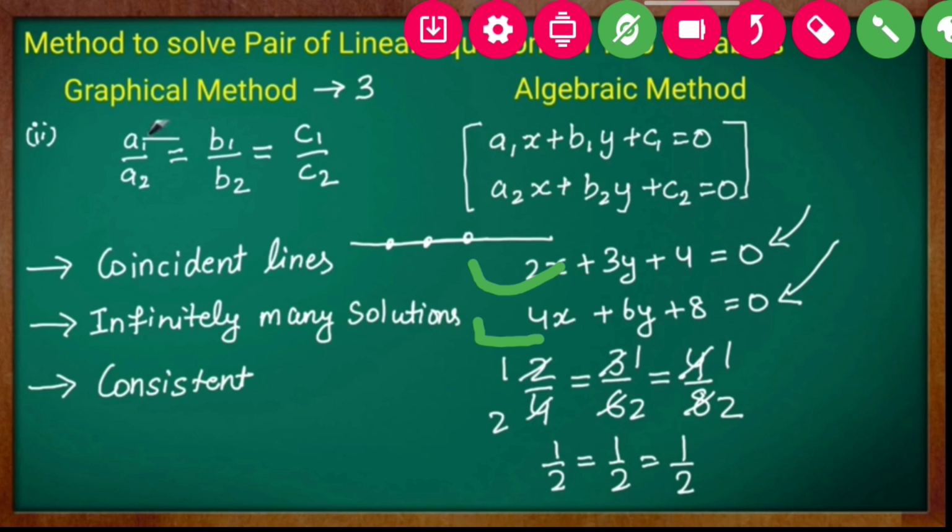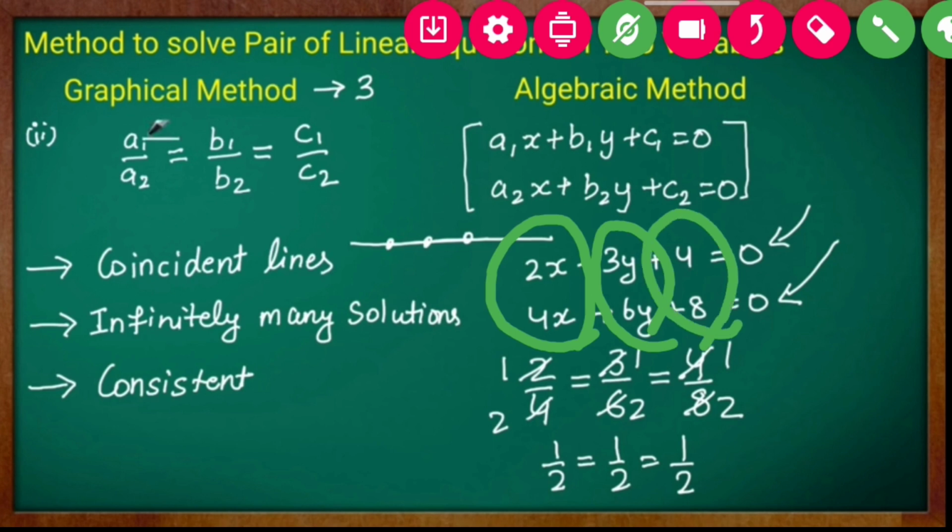Now a1 upon a2 is 2 upon 4, b1 upon b2 is 3 upon 6, and c1 upon c2 is 4 upon 8.